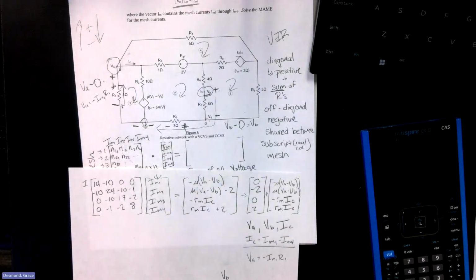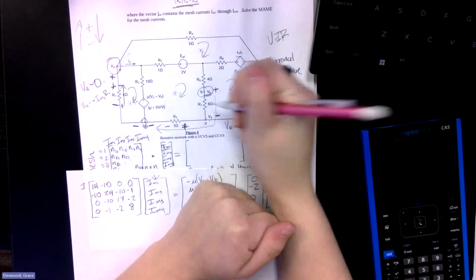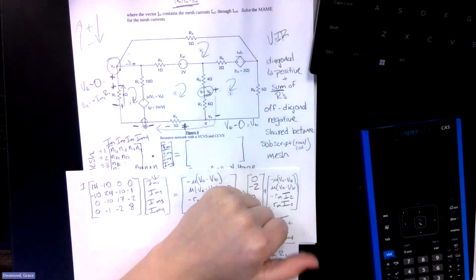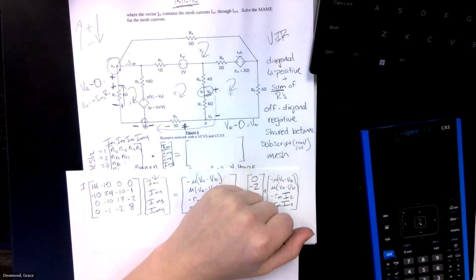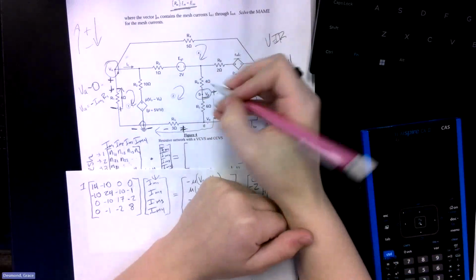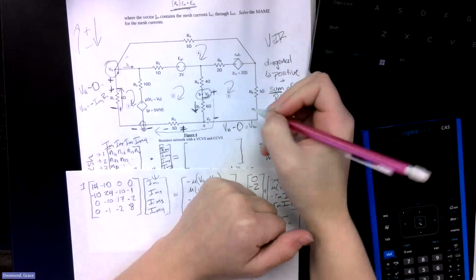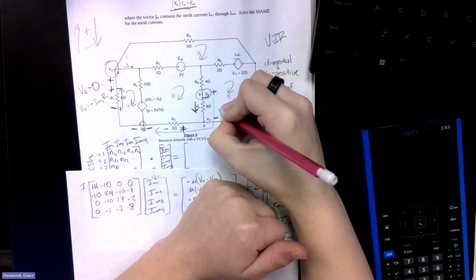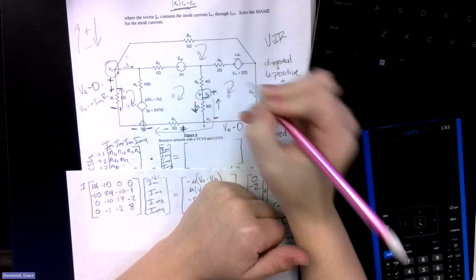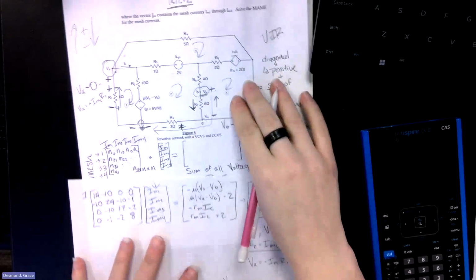Okay, let's figure it out. Are there 1 or 2 currents flowing through that resistor? So the voltage has to be both of them. This current over here is going that way, and then this current is going that way. We agree? Okay, so what's the voltage over R7?